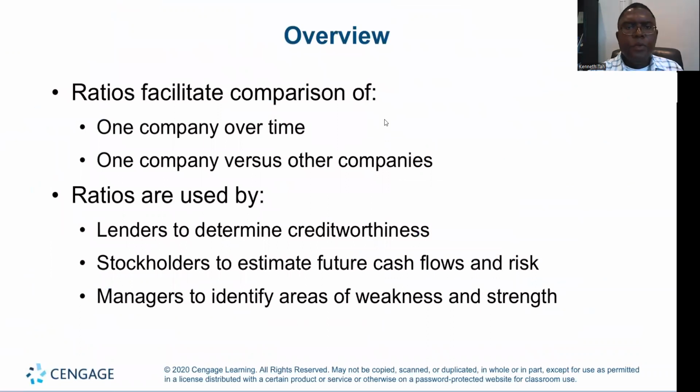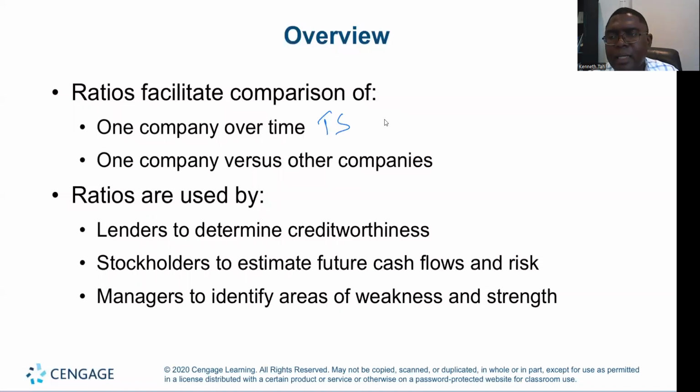As an overview, financial ratios are extremely important because they tend to facilitate two things. They facilitate comparison of the company's performance over time, what we call time series analysis, and they also facilitate comparison of the company against other companies.